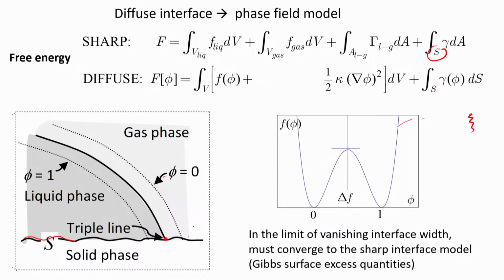I want now to erase this mathematical surface, and I want to make it a diffuse transition. I want to formulate a phase field, which will be 1 in the liquid phase, 0 in the gas phase. And if I write F of phi, this is the free energy. It has value 0 at 0 and at 1, because we are not talking about any chemistry, right?